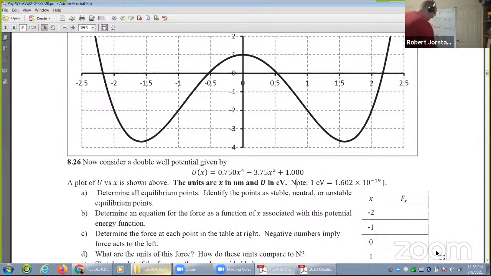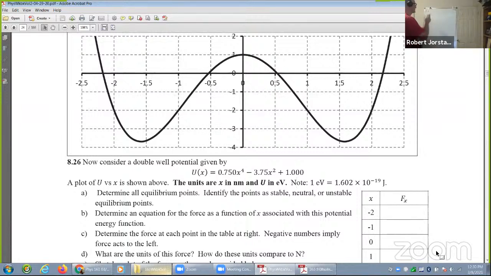I'm going to get it drawn up. Now that's going to take me forever. I'll make a rough graph. It won't be perfect. This is what, 26?